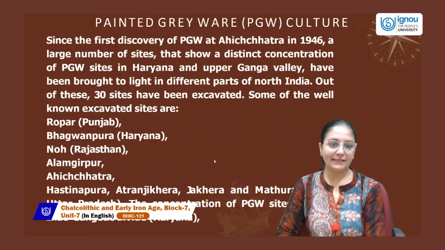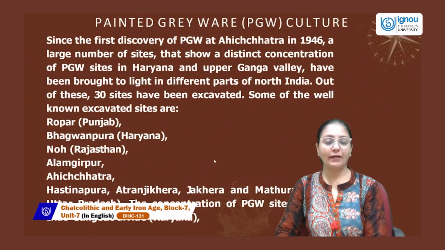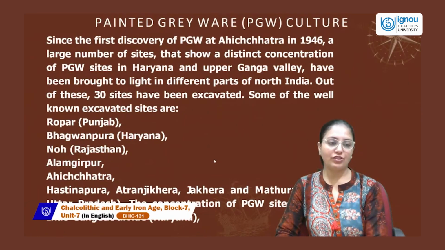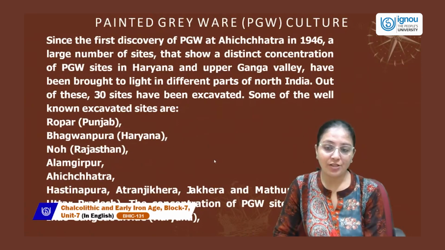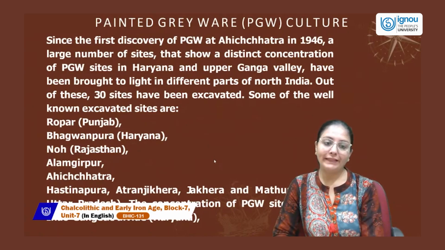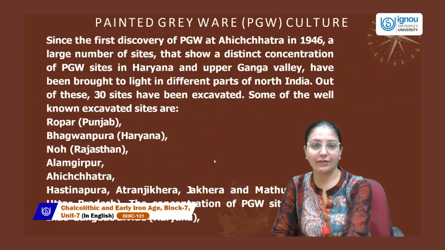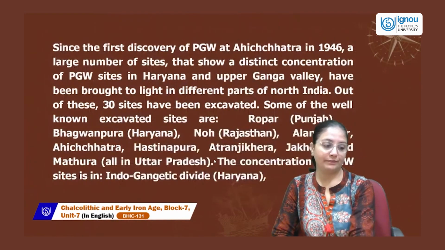Some of the well-known excavated sites are Ropar in Punjab, Bhagwanpura in Haryana, Lal Qila in Rajasthan, Alamgirpur, Ahichchhatra, Hastinapur, Atranji Khera, Jakhera, Mathura. They are all places in Uttar Pradesh. The concentration of PGW is in the Indo-Gangetic Divide, Haryana. These were the places from which we have got some objects of Painted Grey Ware culture.